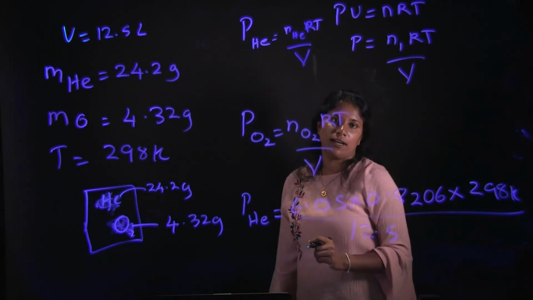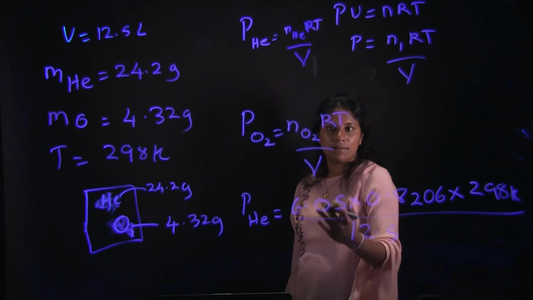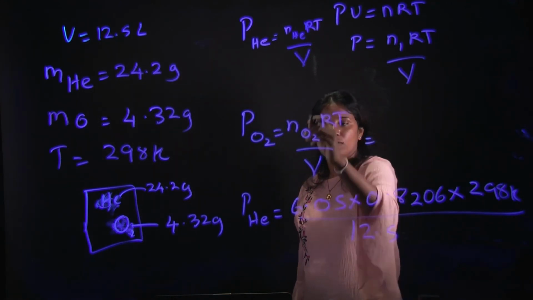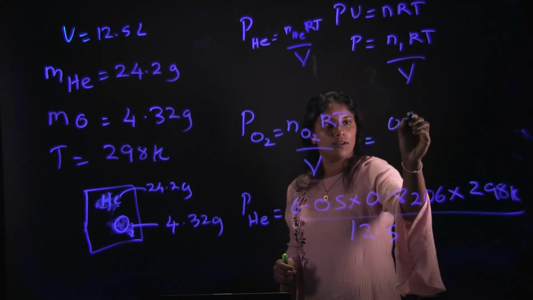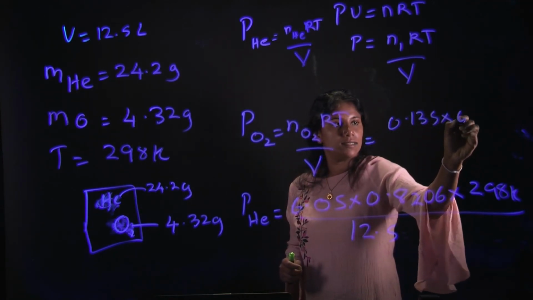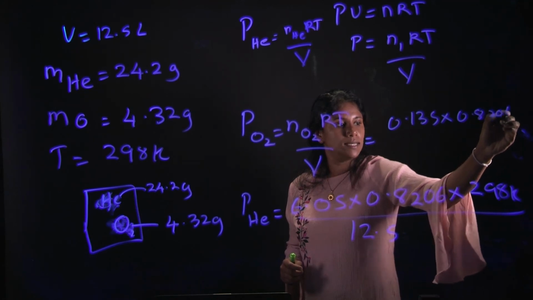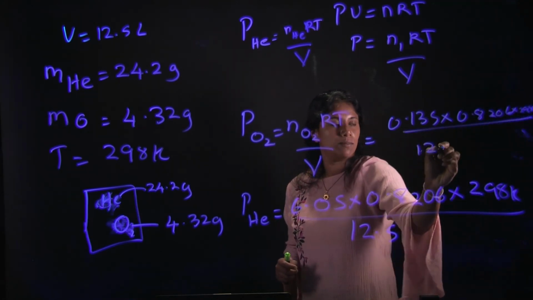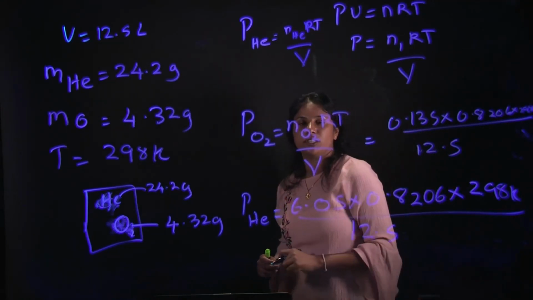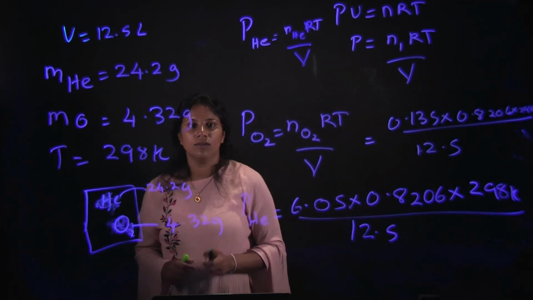In that way, you can find the partial pressure of helium. Similarly, for oxygen, the number of moles found from the first section is 0.135, R is 0.8206, temperature is 298 because it's in the same container, 12.5. You can find the partial pressure of oxygen and helium in this way.